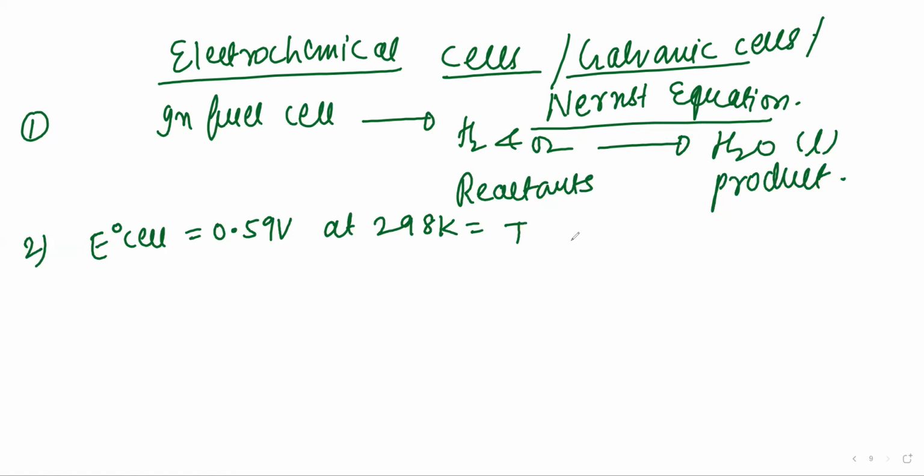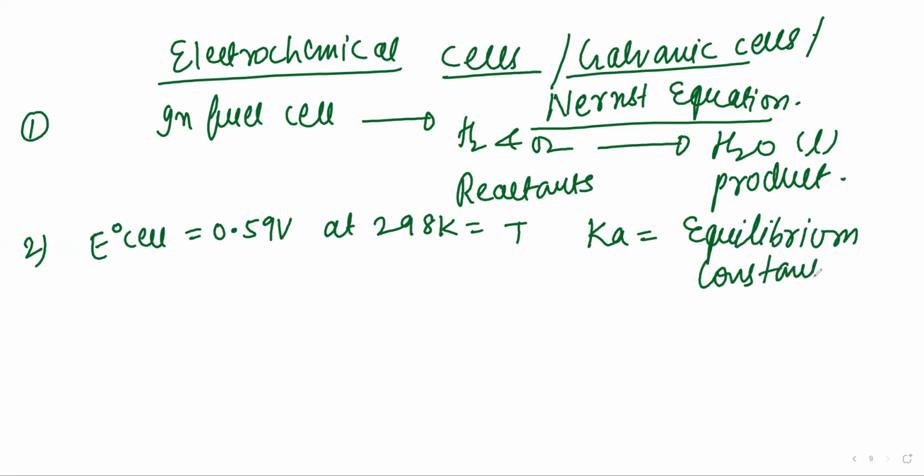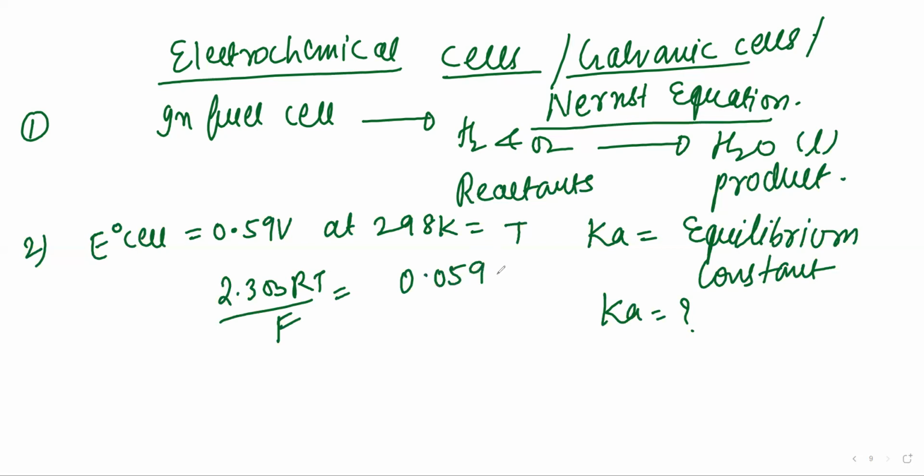The equilibrium constant for the cell is, so you have to find the K value, and the other value given, that is 2.303 RT upon F, is 0.059 volt. This question was asked in 2019. So you have to find the equilibrium constant value.